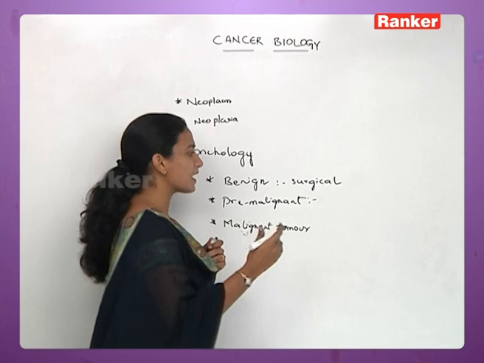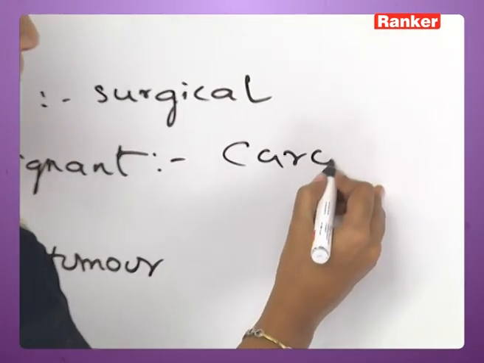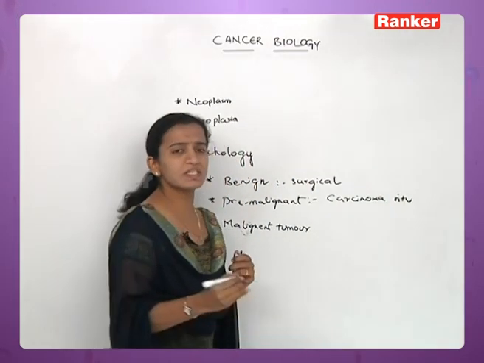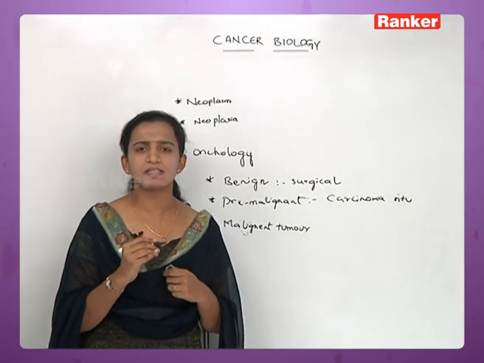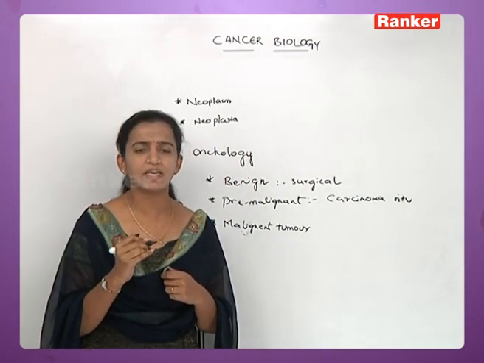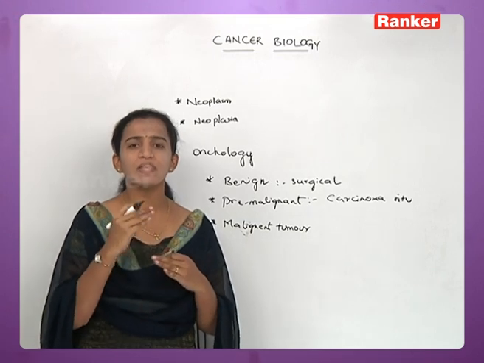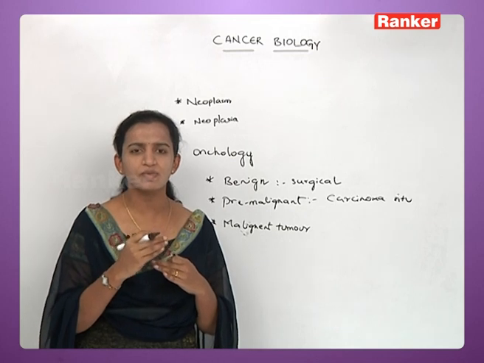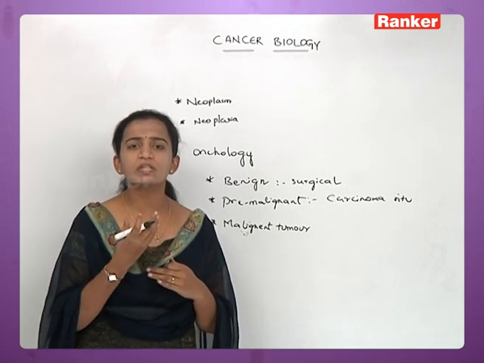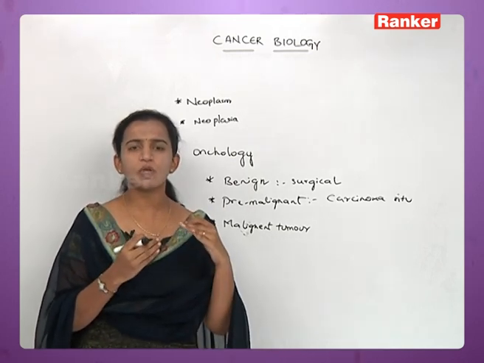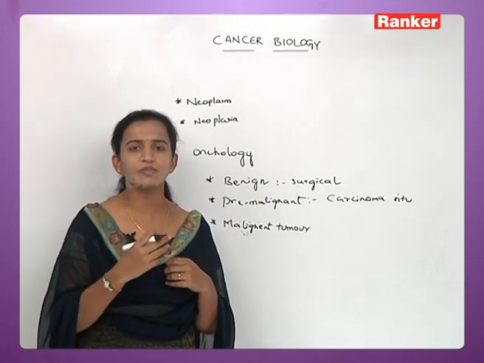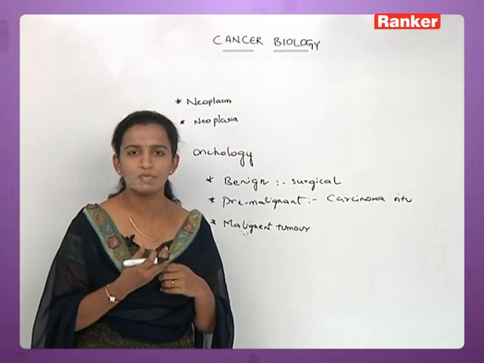So it is also called carcinoma in situ. It is actually a cancer cell, but it comes to expression only with time. Even if the cancer is present in your body for 5 or 10 years, it won't express. As time increases, the cancer characters also evolve in your body.